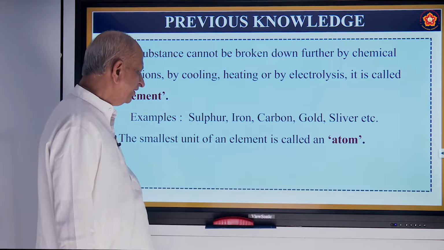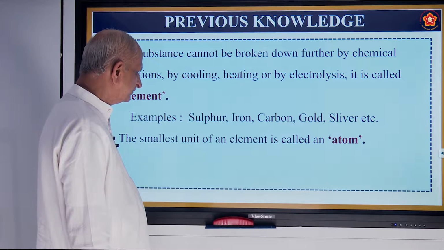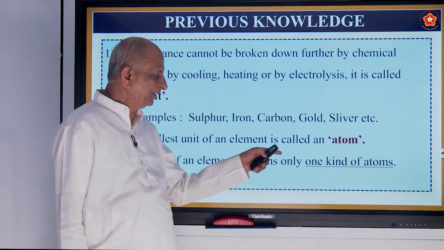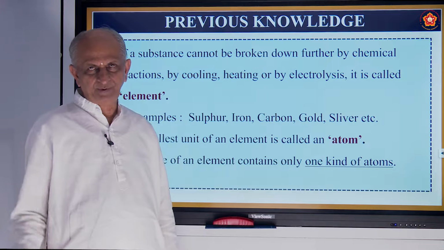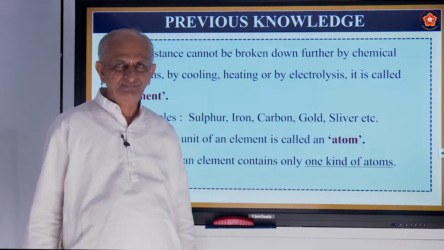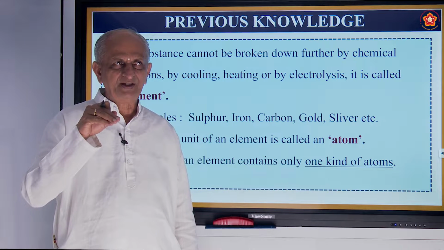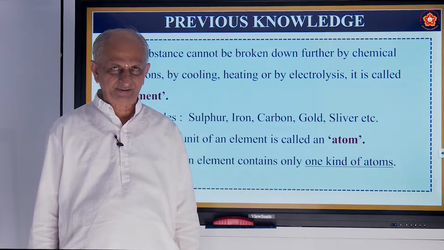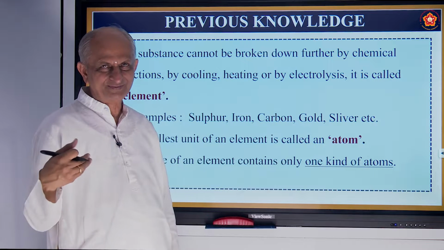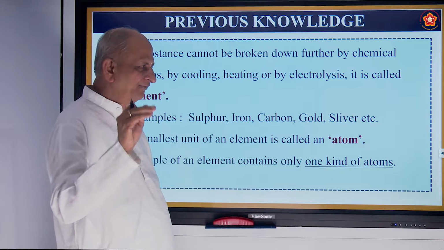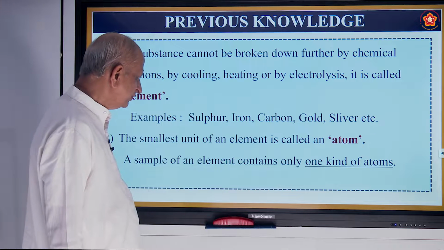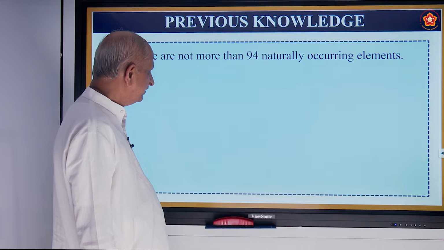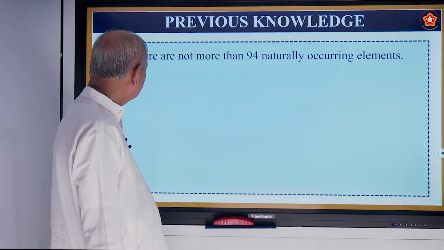So atom is the smallest particle of an element. And then a sample of an element contains only one kind of atoms. Suppose you take a piece of iron. All the atoms of iron consist of the same kind of iron particles. Similarly, gold. All atoms have the same feature of gold. Correct? So this is the thing we have already seen in your previous classes.